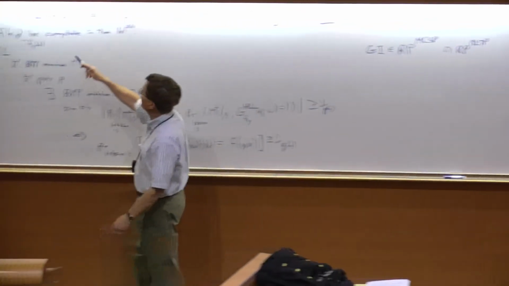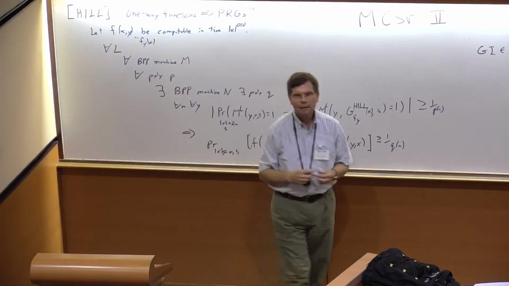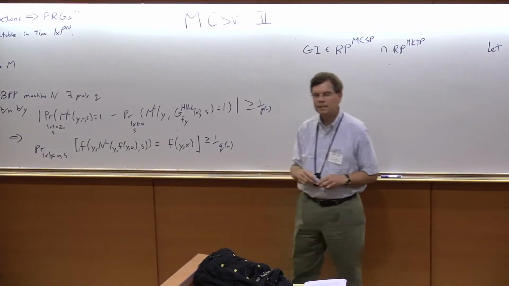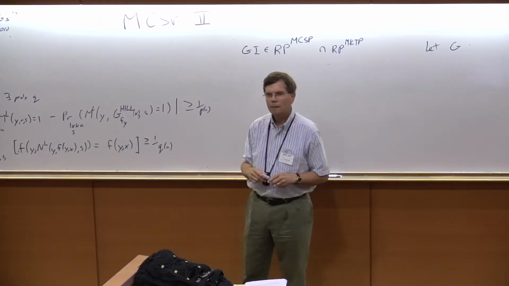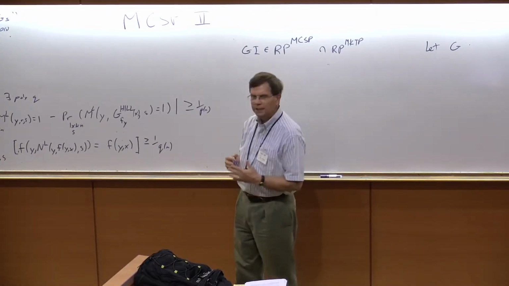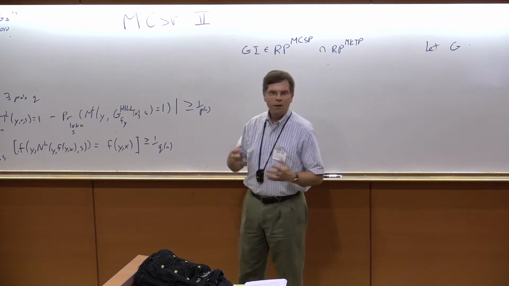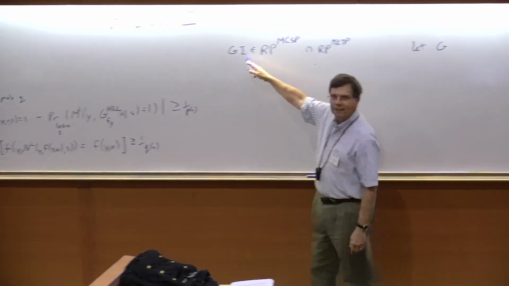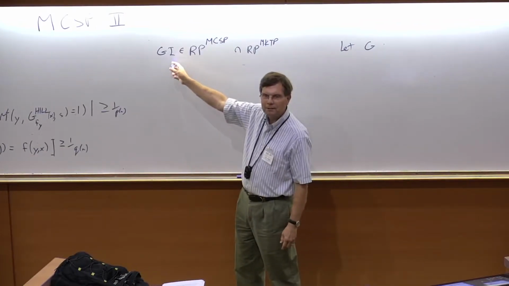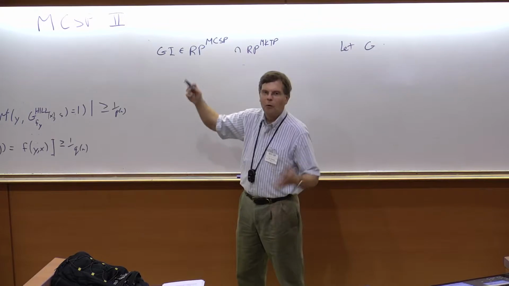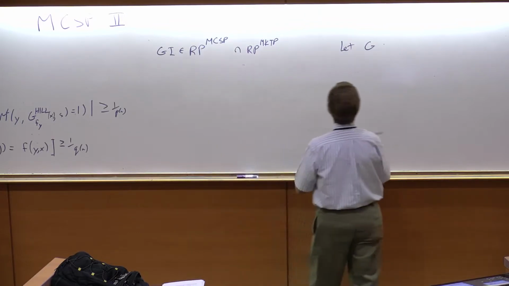F is the thing that, given any function f that's easy to compute, we can build a generator. And in fact, the function we're going to use here is something that doesn't look like a one-way function at all. Let's be very precise.